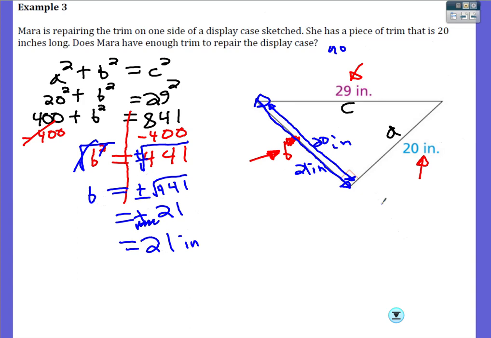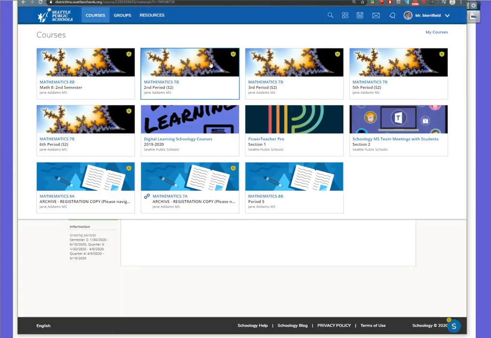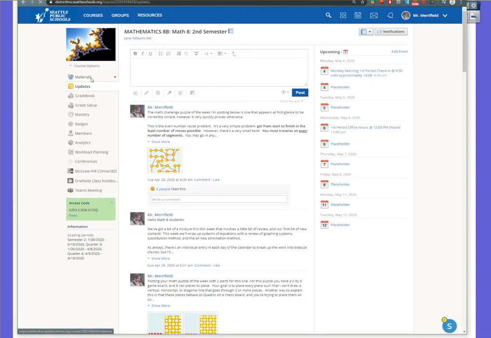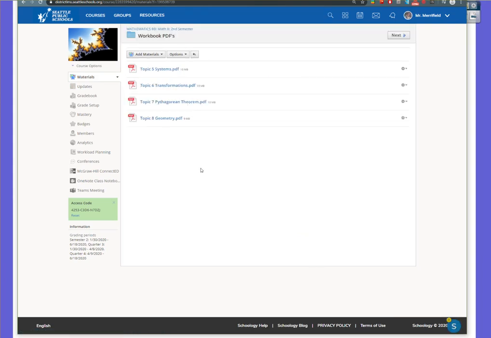Since this is new content, I want to show you how to find some more resources if you'd like. If you go to the Schoology page, we'll go to just Math 8. This is the page you should see. We've got our update section. If you click materials here, you click the workbook PDFs, I put the remaining sections of the textbook up here.